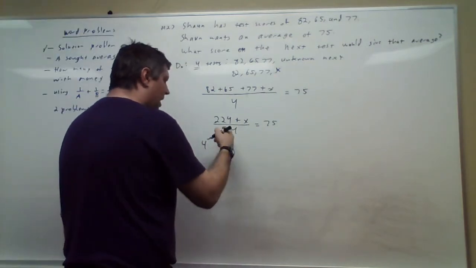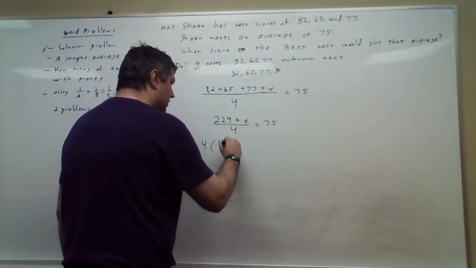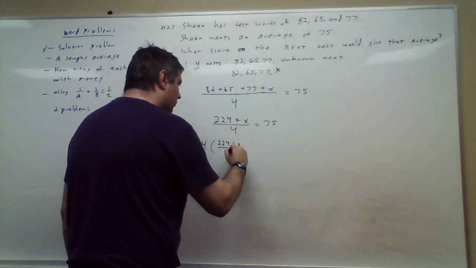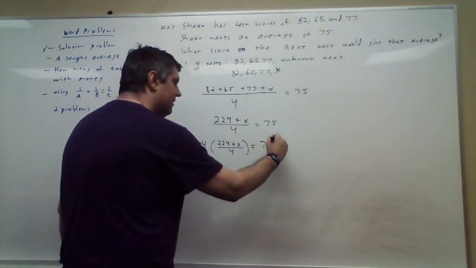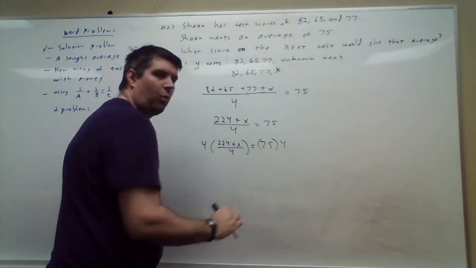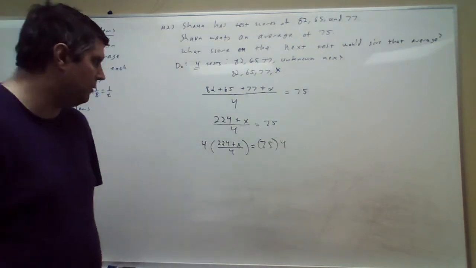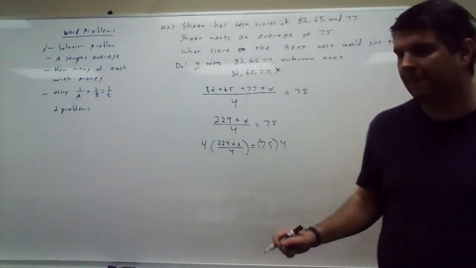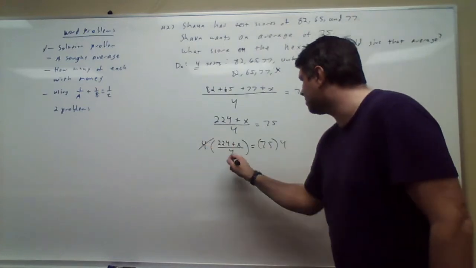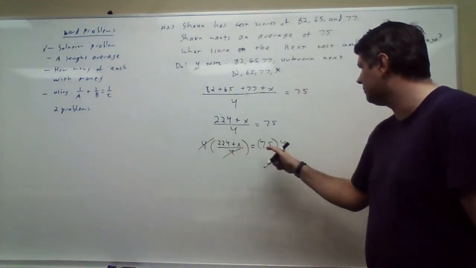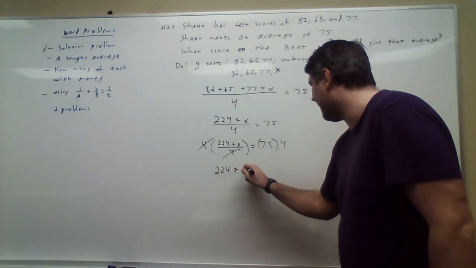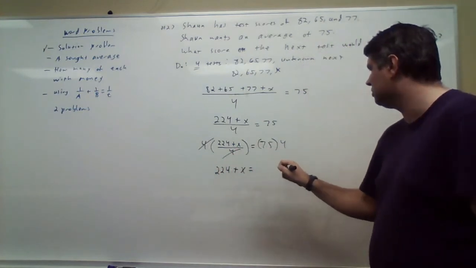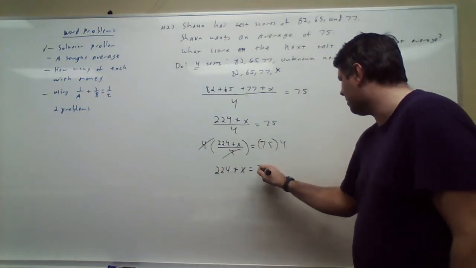So the least common denominator is 4, so 224 plus X over 4 equals 75 times 4. These 4's cancel, which is what they're supposed to do. And I get 224 plus X equals 300.